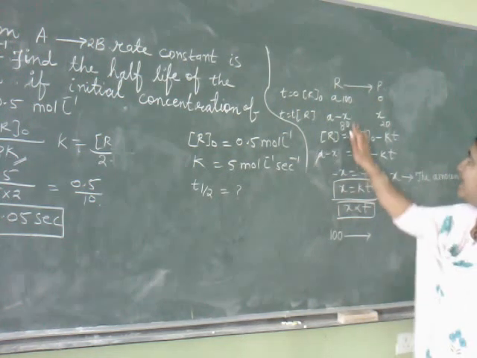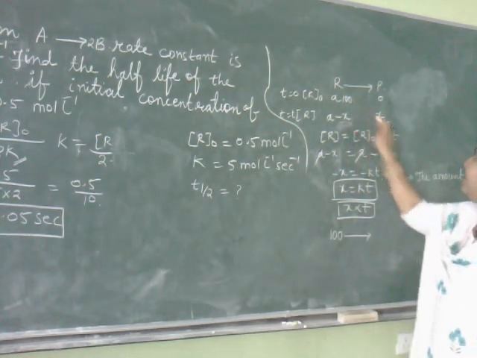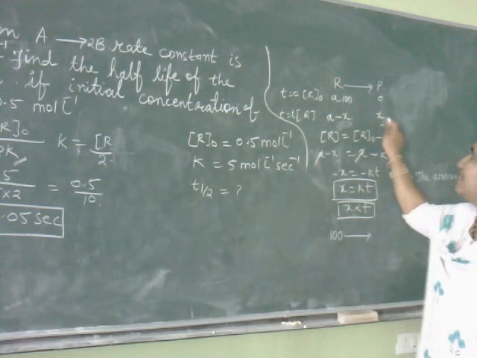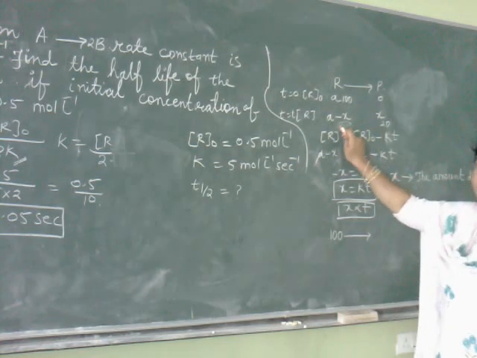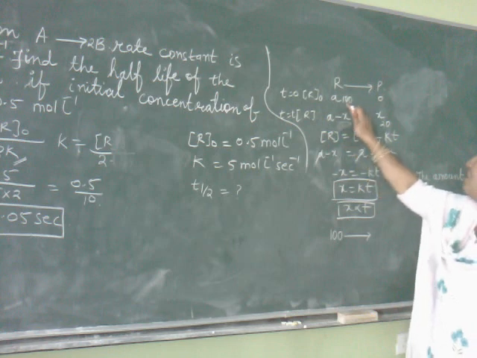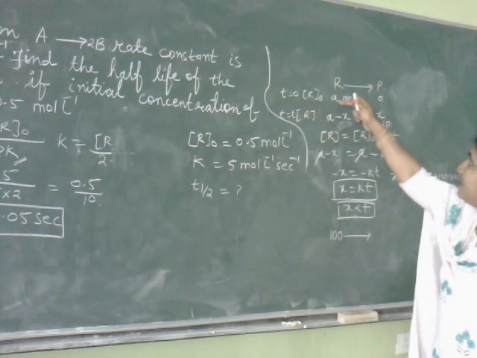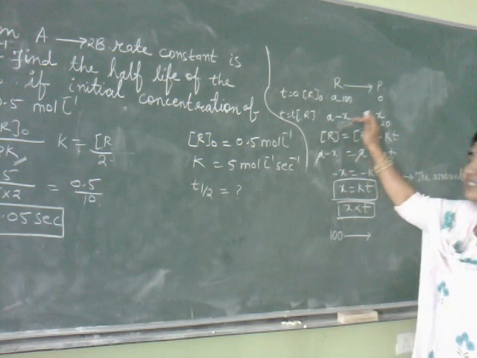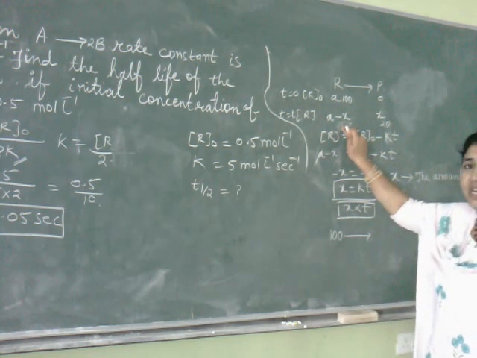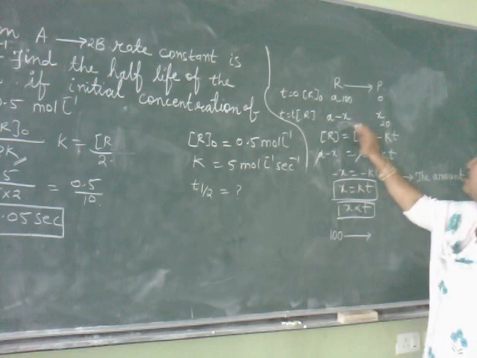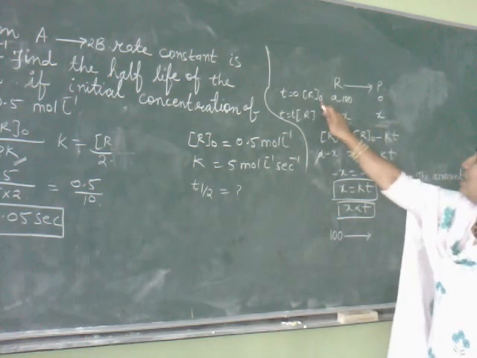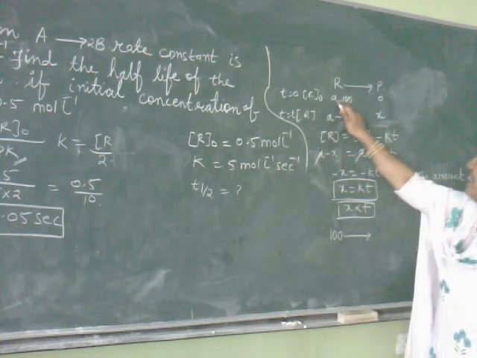How do we get that? 100 minus 20 gives 80. So here we have taken x as the product, so the reactant left will be A minus x. So for R0 and R, we have A and A minus x.